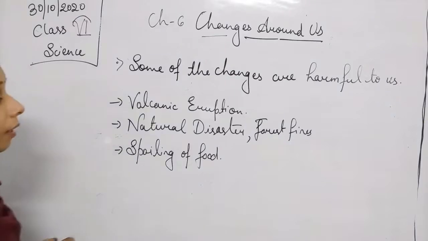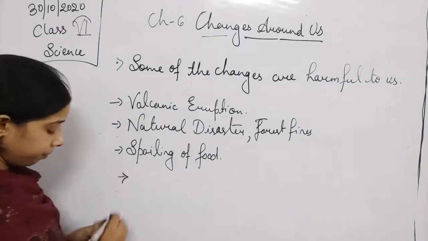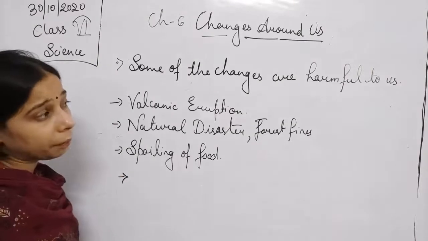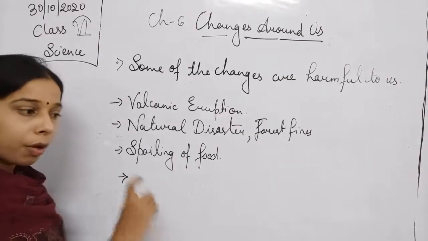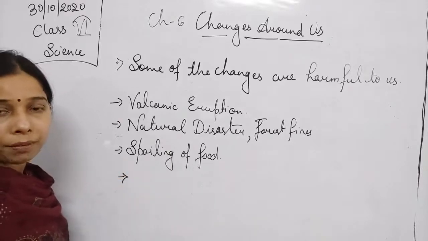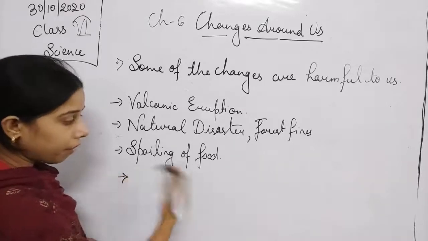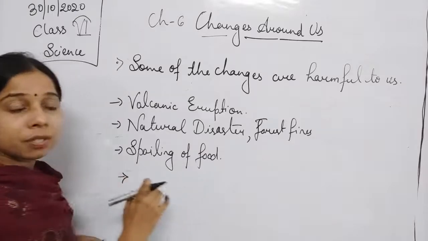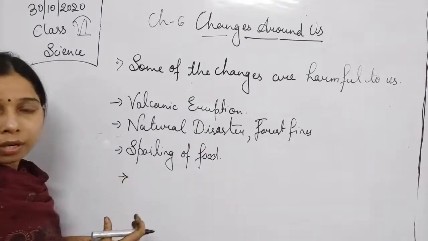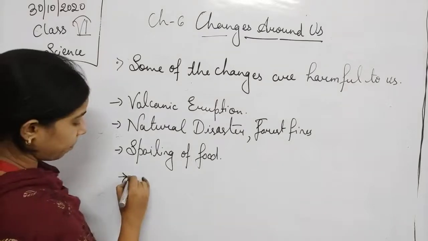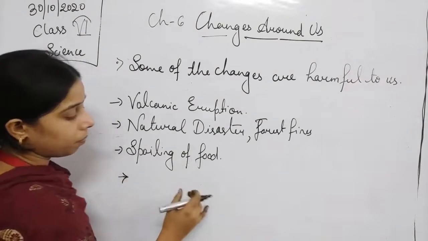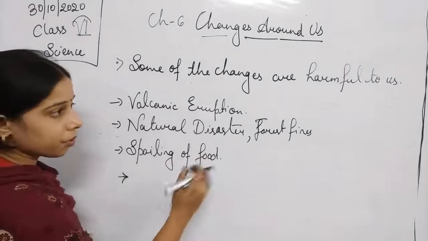Now, not only the ripening of the fruit, but we say that ripening of the fruit is useful and beneficial to us. From a raw fruit it gets converted into a ripened fruit. Here, if a ripened fruit becomes a spoiled fruit, that is also a change which is harmful to us.